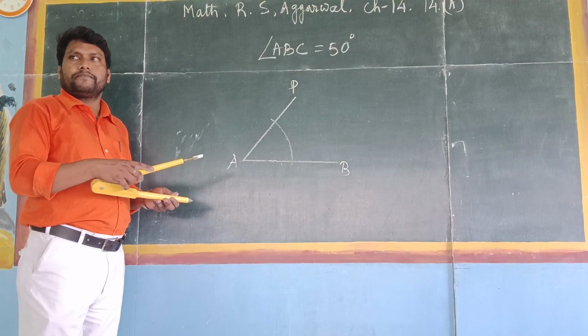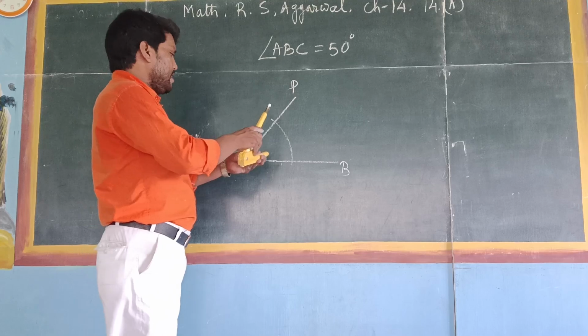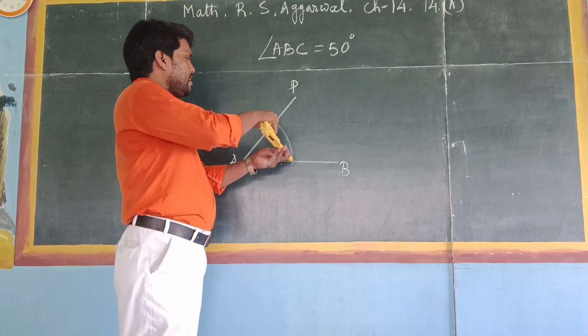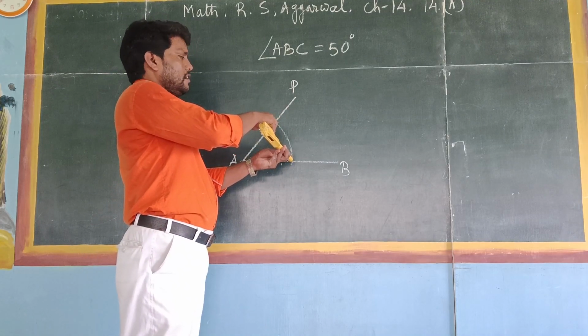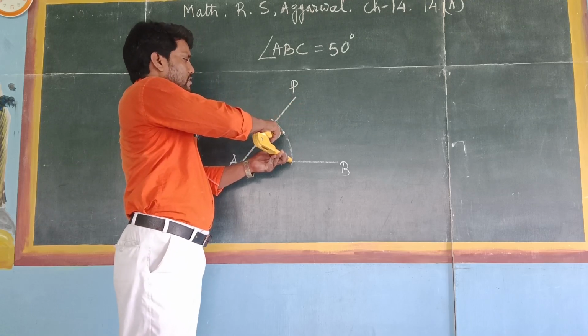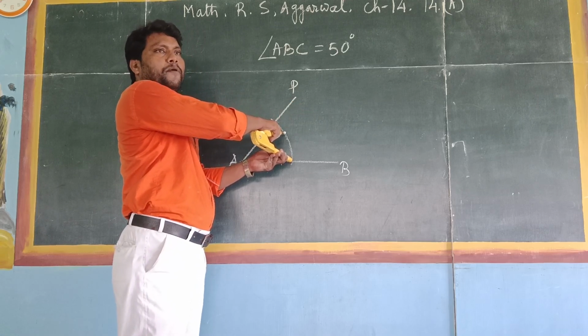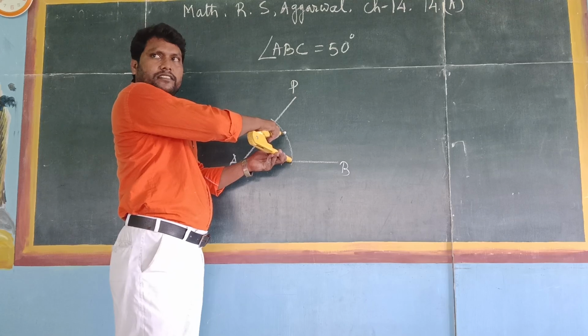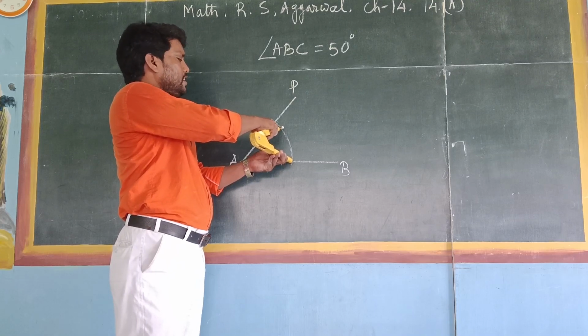Next step. Measure this portion and cut here. Suppose you may take more than half of the radius. Suppose here.